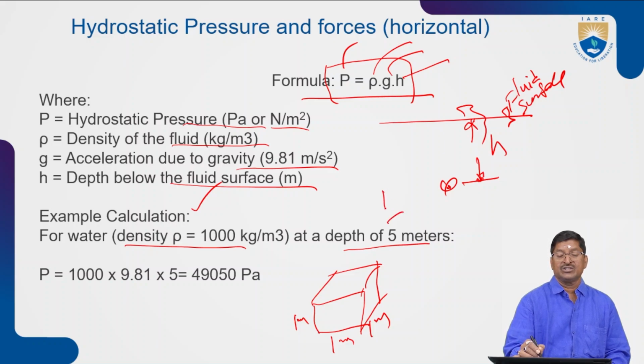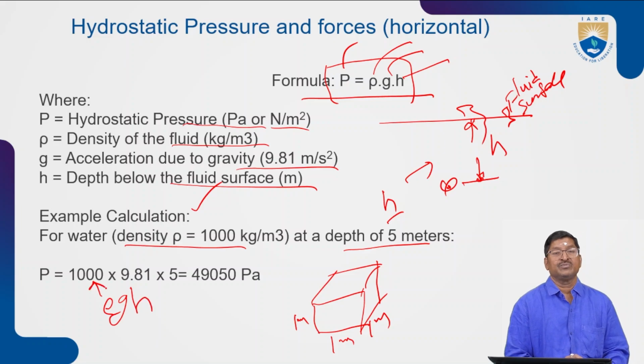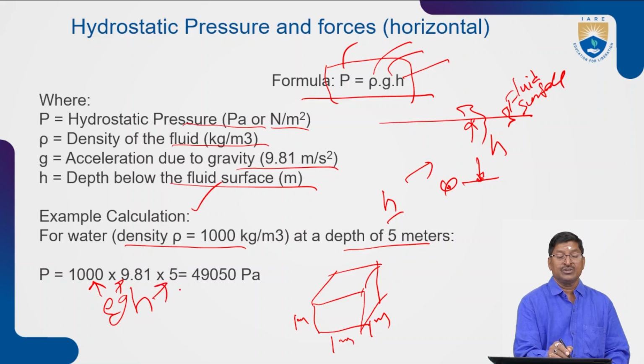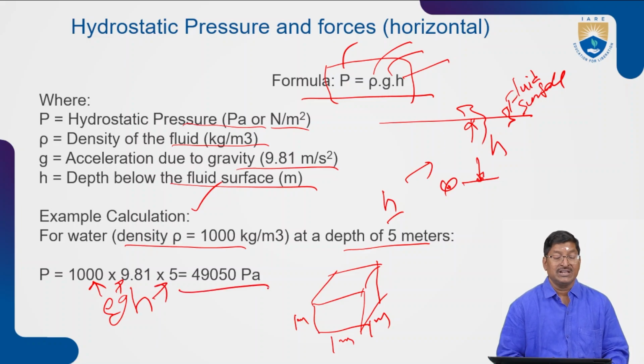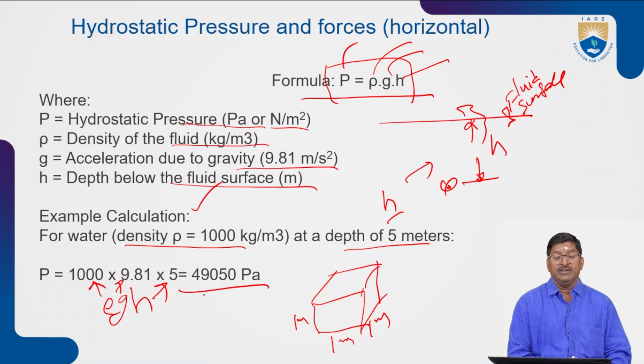It is the h value, as you can see in this figure. The density of the fluid is 1000 kg per meter cube and the depth is 5 meters. So what is the pressure? The formula is rho g h. Rho is 1000 kg per meter cube, g is 9.81, and h is 5 meters. If you multiply rho g h, you get the pressure due to the fluid at a depth of 5 meters, which is 49,050 pascals or 49,050 Newton per meter square.